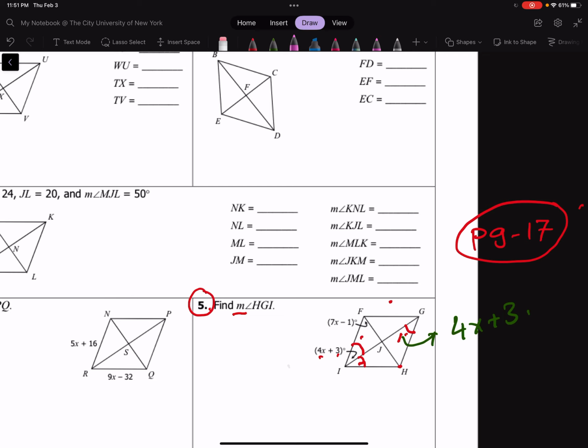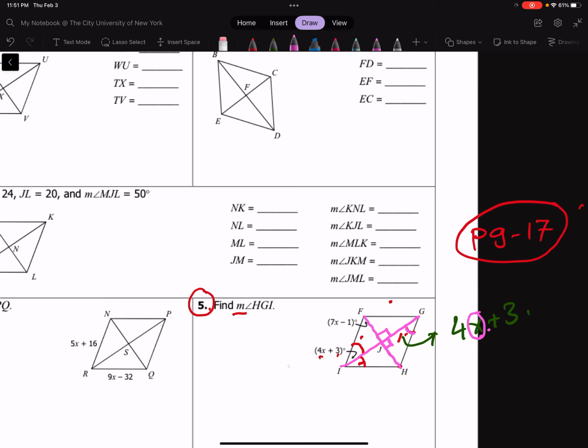Now, if you have this angle, what's the use? You know that diagonals intersect each other perpendicularly, so you get another 90 degrees. Since you need to find this angle, you need the value of x.